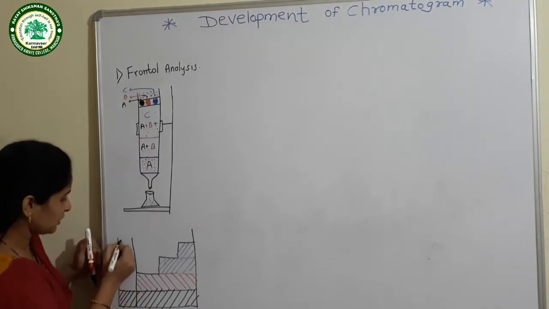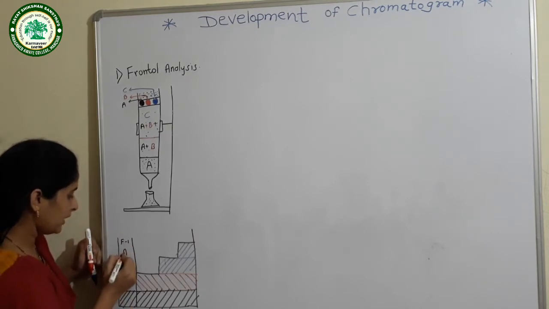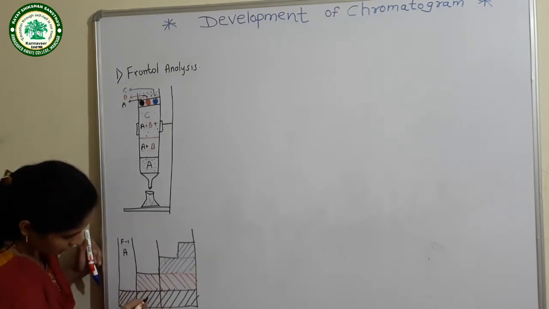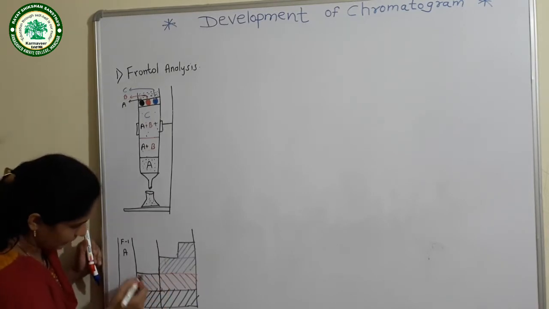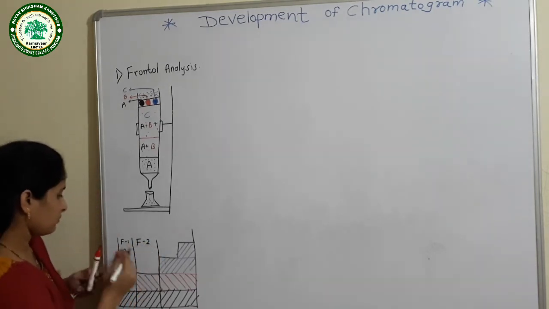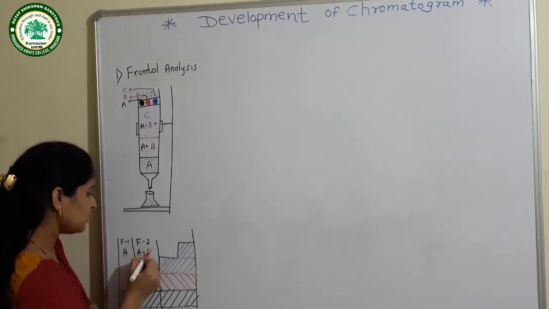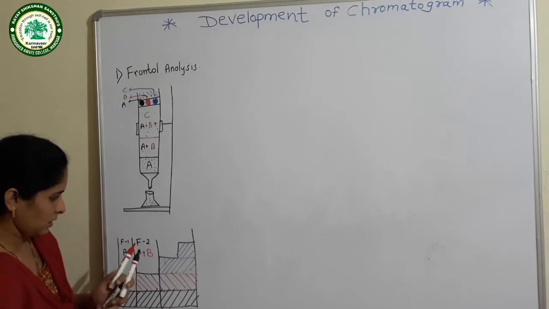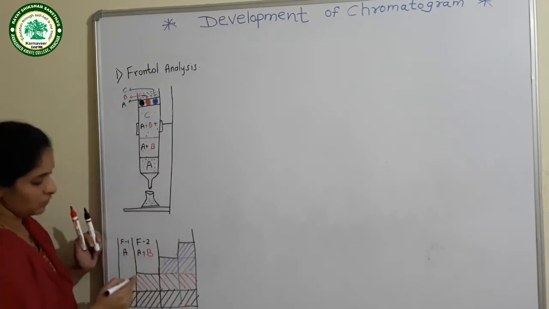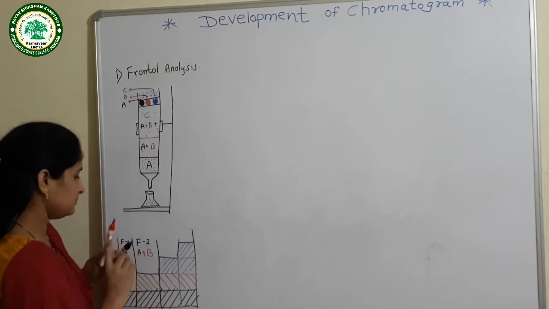In the first fraction, F1 means first fraction, we get only component A. Now this is the second fraction. In the second fraction, we will get component A and component B, that is A plus B. Now this is the third fraction. In the third fraction we will get component A plus B plus C.